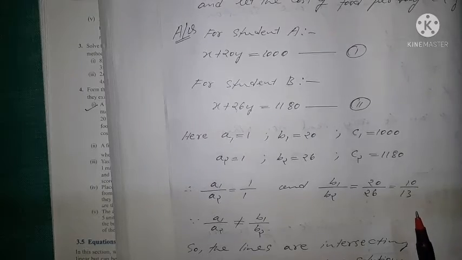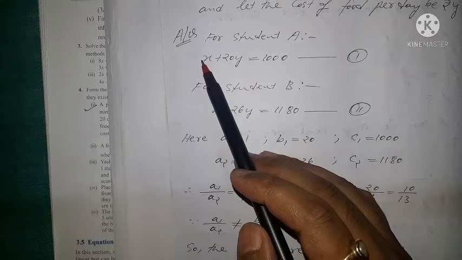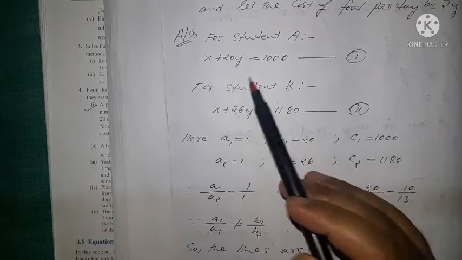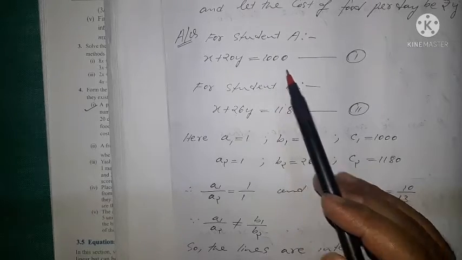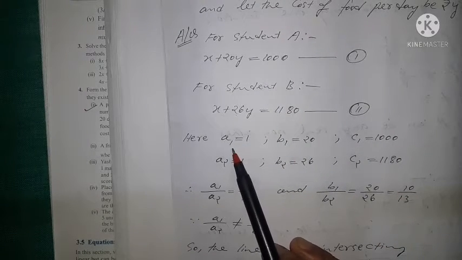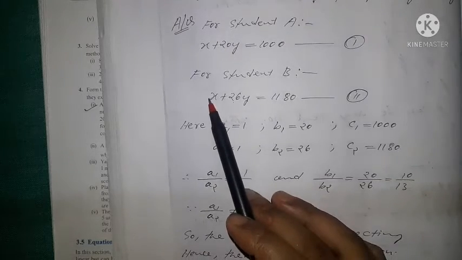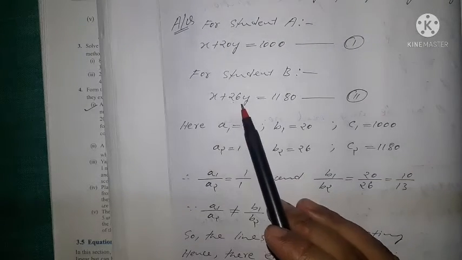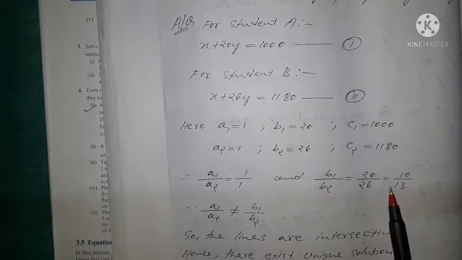Now, here A1 is 1, B1 is 20 and C1 is 1000. Again, A2 is 1, B2 is 26 and C2 is 1180.